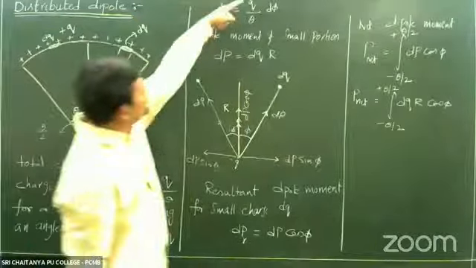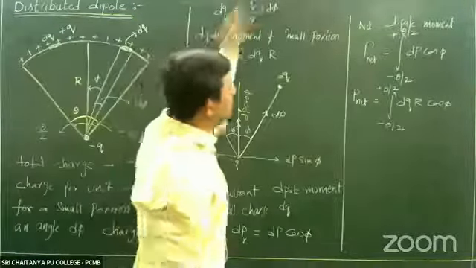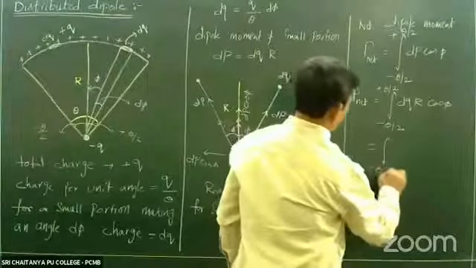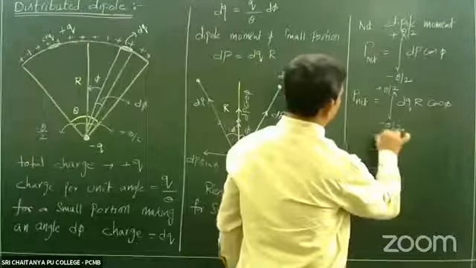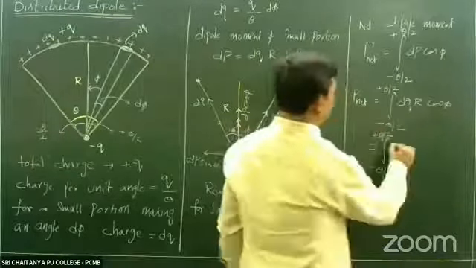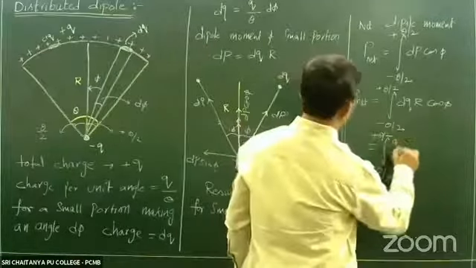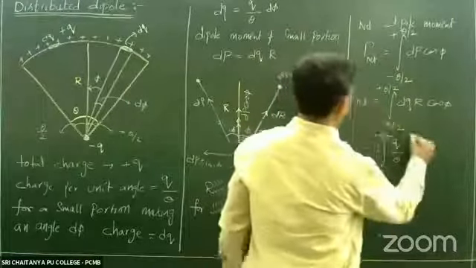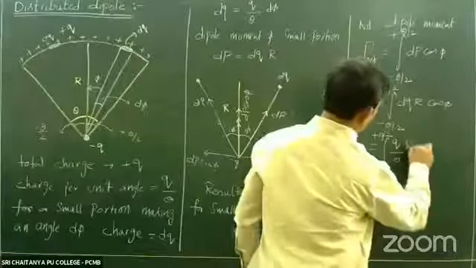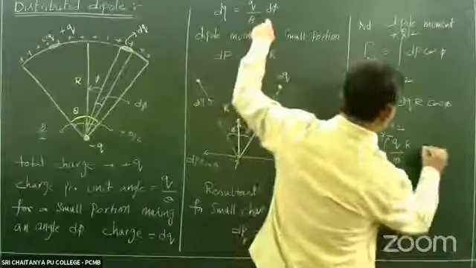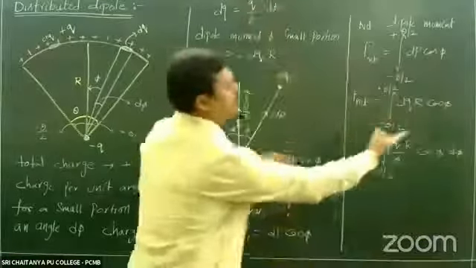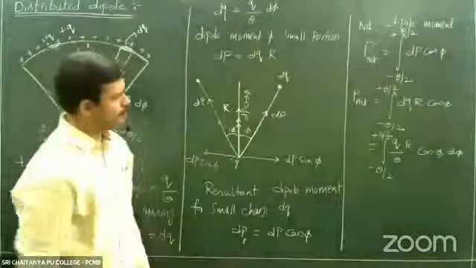What is dq? Q by theta d phi. Integral minus theta by 2 to plus theta by 2, in place of dq, q by theta, can I write, cos phi d phi? Just d phi on that side, that's all, right?